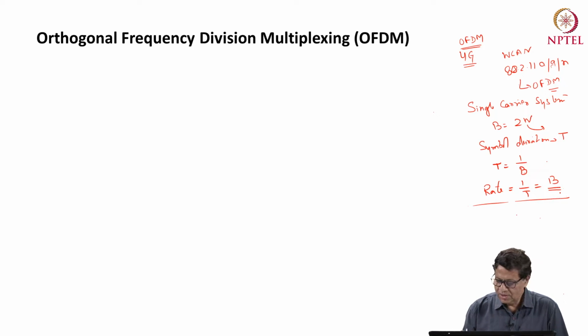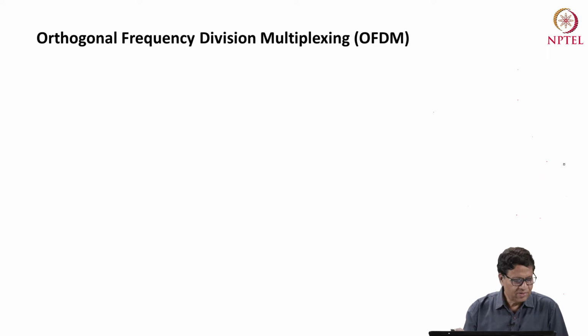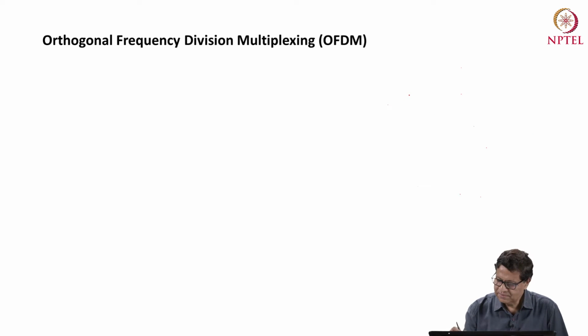Now let us do this differently. Let us break the whole bandwidth into N equal parts and examine what happens. This is the total bandwidth B, and I break it into N parts. This is the middle, and so on and so forth.